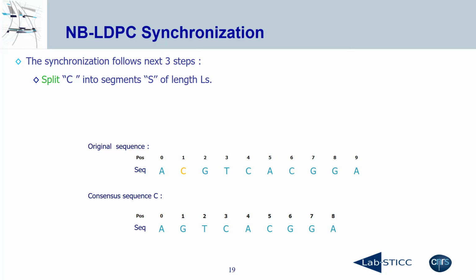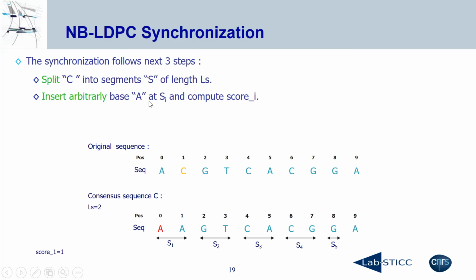In the heuristic, we do a synchronization, which allows us to transform insertions and deletions into substitutions, and this synchronization works in 3 steps. In the first step, the sequence C is segmented into multiple sequences of length ls.